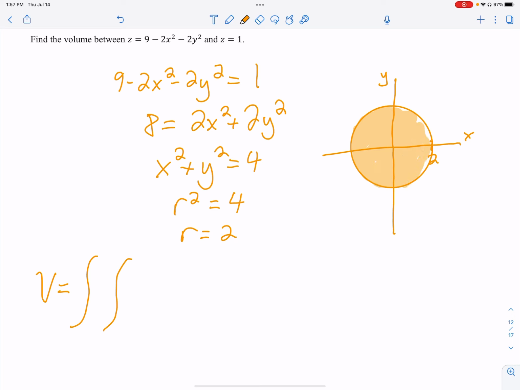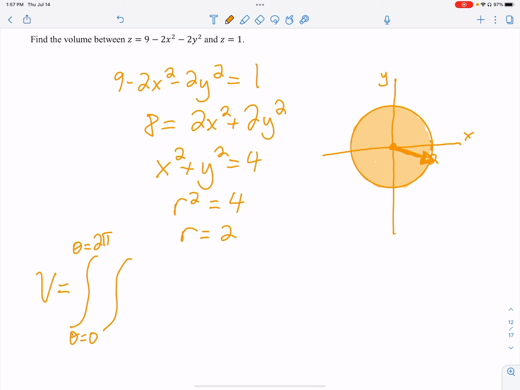If it's all the way around, we know that in polar we use theta, and theta always goes on the outside, the last, and it's going all the way around, so 0 to 2 pi. And then for the radius, how we tell is we start at the origin and go straight out from the origin.